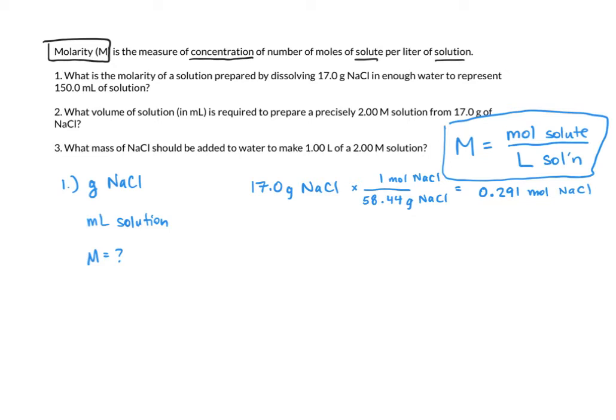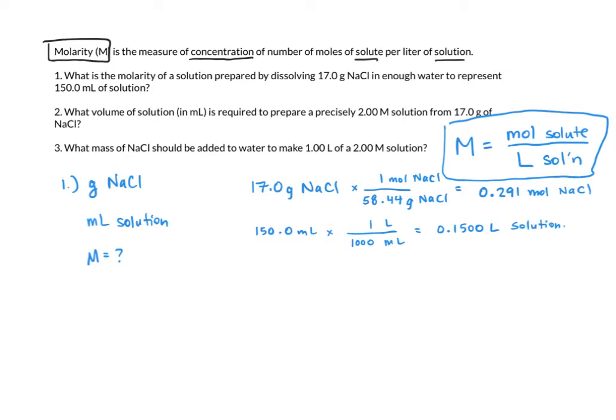Separately, converting milliliters of solution into liters of solution requires us to do a simple metric conversion. There are 1,000 milliliters in every 1 liter. That means that we're dealing with 0.1500 liters of solution.